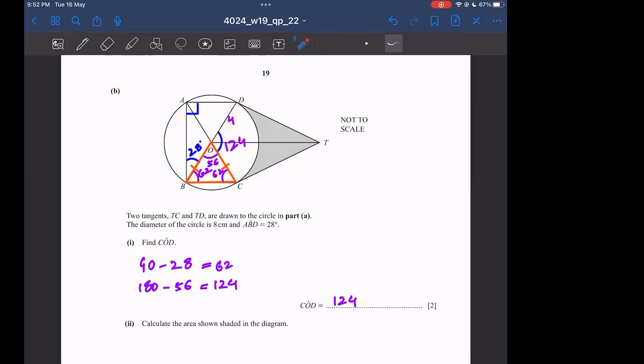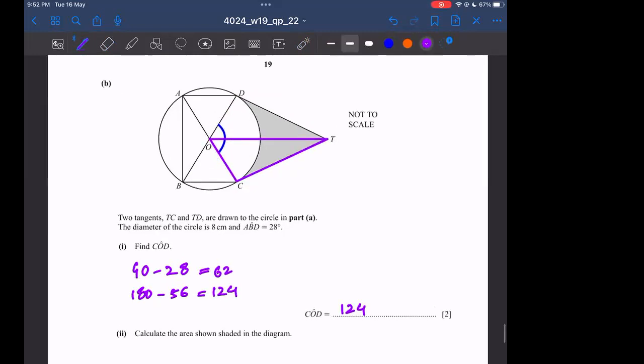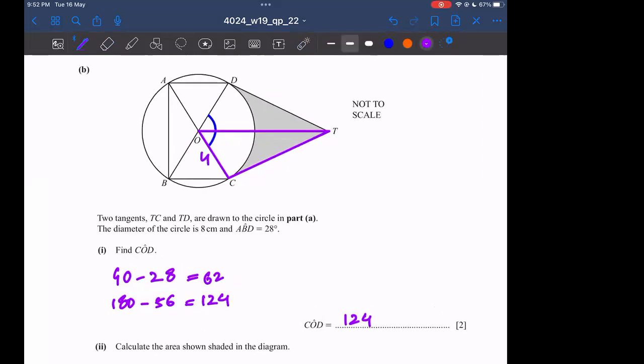Now, what is the area of this whole shape? Let's just find out the area of this triangle now. You got 124 here. This one is 4, right? And this is basically divided equally into 2 parts. 124 divided by 2 is going to be 62.